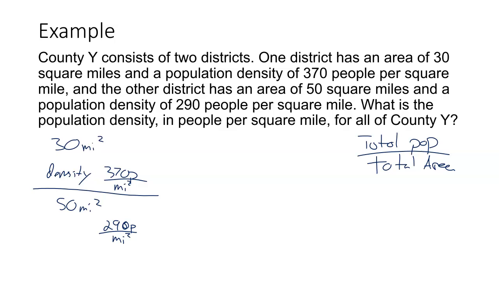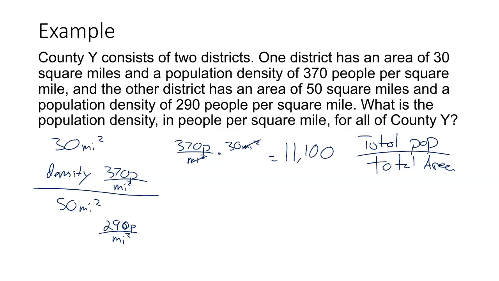If I have 30 square miles and a density of 370 people per square mile, how do I get the total population? Again, just unit conversion. I've got 370 people per mile squared, multiply it by the 30 miles squared. So those units cancel.